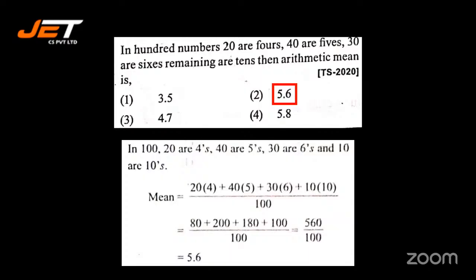Yes, so many are giving me the correct answers. Good students, with this we are moving on to our next question.